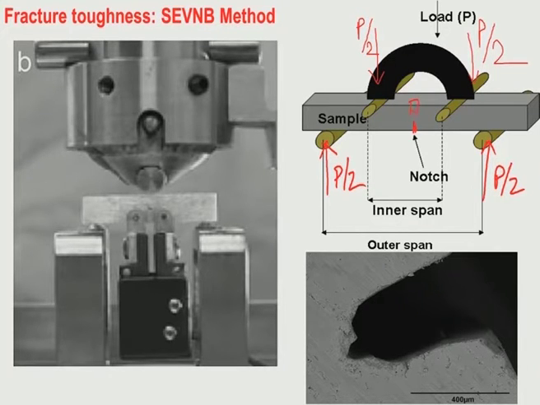Under this kind of loading configuration, any volume element at the top surface will experience compression, and any volume element at the bottom surface will experience tension.